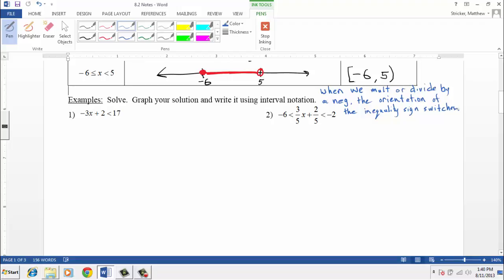And we'll see that here in our very first example. So if you just want to make a little note of that in your notes.